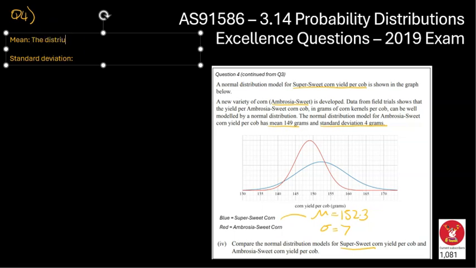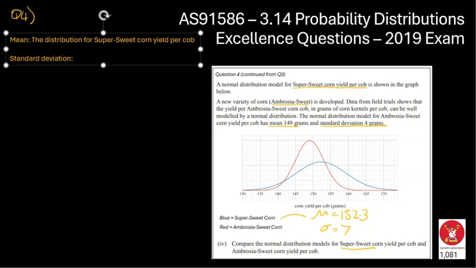So the distribution for super sweet corn yield per cob. Noticing I'm using all of the terminology, yield per cob, that the question has because I want to incorporate as much context as I can into my answer to help me convince the marker to give me that mark.